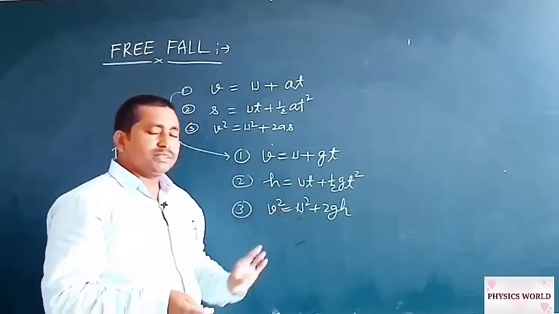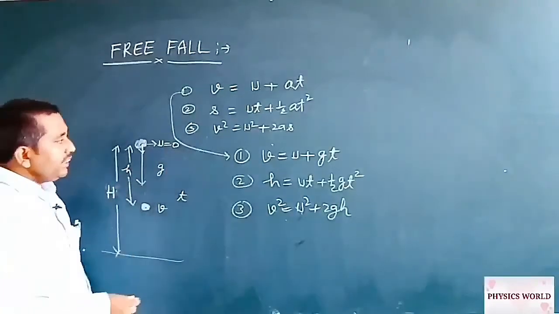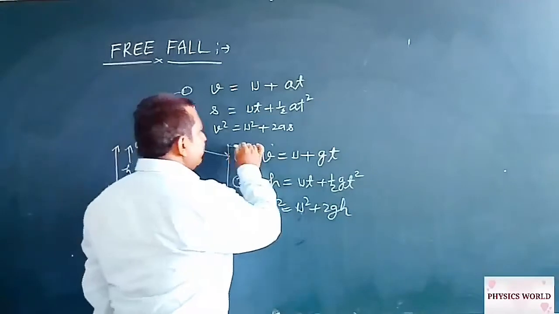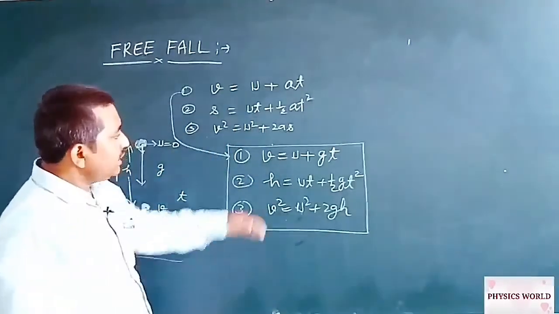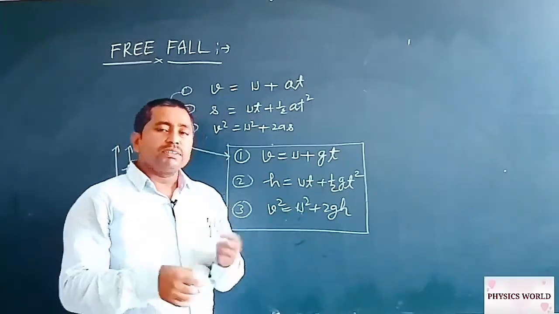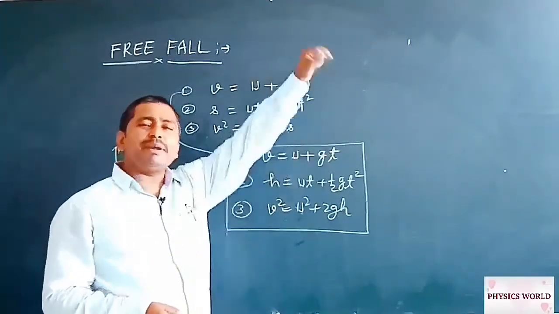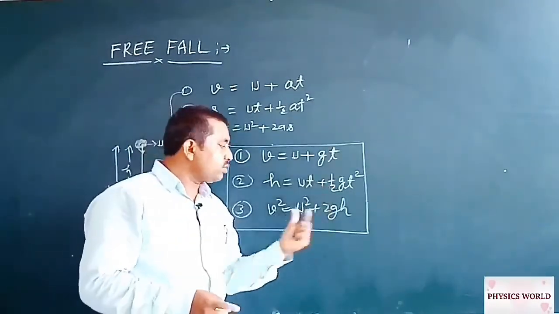So u can be used in the formula when the object is thrown vertically downward with a fixed value of velocity. So these three formulas help us solve different types of numerical problems based on objects under free fall.